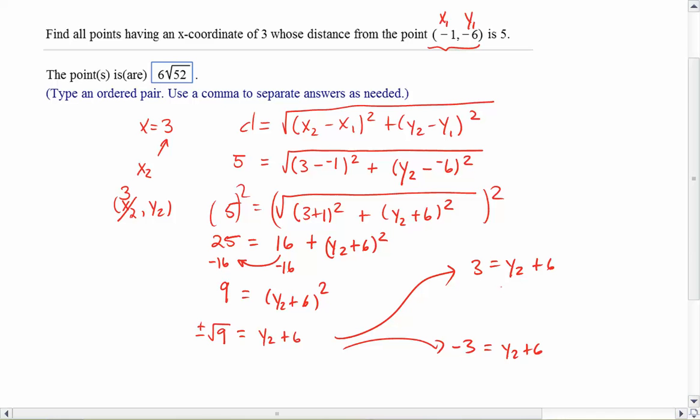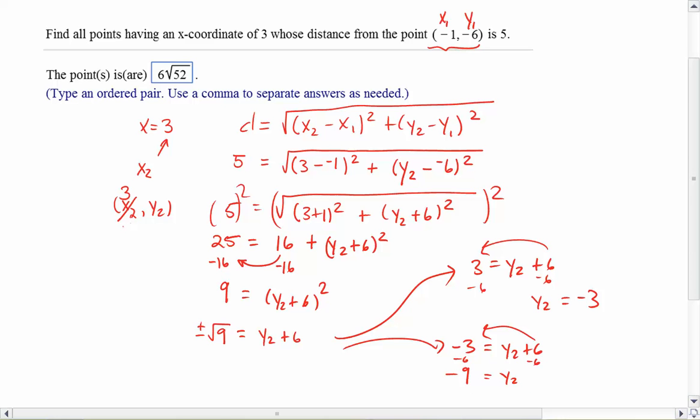On the first one, moving the 6 to the other side by subtracting it, you end up with y2 is equal to 3 minus 6, which is -3. And then on this one, if you subtract the 6 to the other side, you get y2 is equal to -6 minus 3, which is -9. So we end up with 2 points, right?